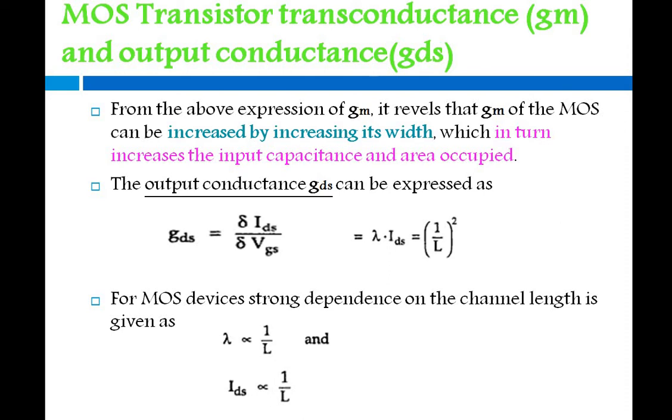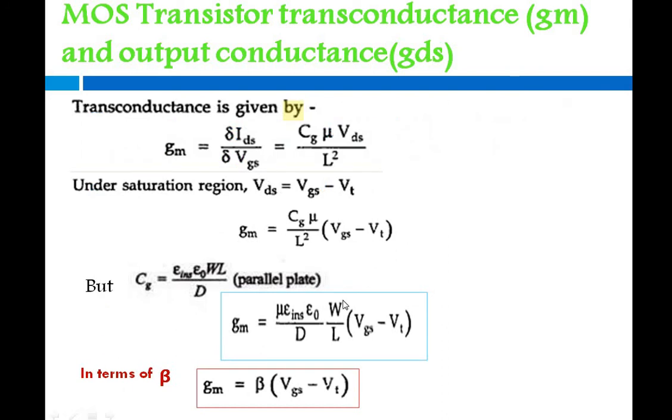Is it true or not? Whenever you are going to increase the Gm, if the width of the channel is increasing, then it will also increase if the capacitance increases, correct? If transconductance increases, then the width of the channel will also increase, plus your capacitance value also increases, correct?